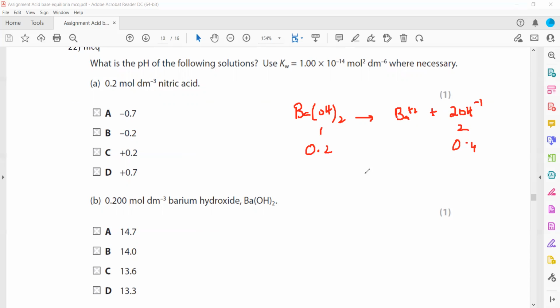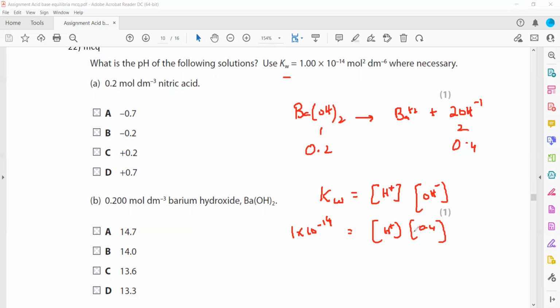After getting the concentration of hydroxide ion, we know the dissociation constant Kw is 1 × 10^-14. Kw is always the concentration of hydrogen ion times the concentration of hydroxide ion, the products. The hydrogen ion concentration we don't know, and the hydroxide concentration is 0.4.